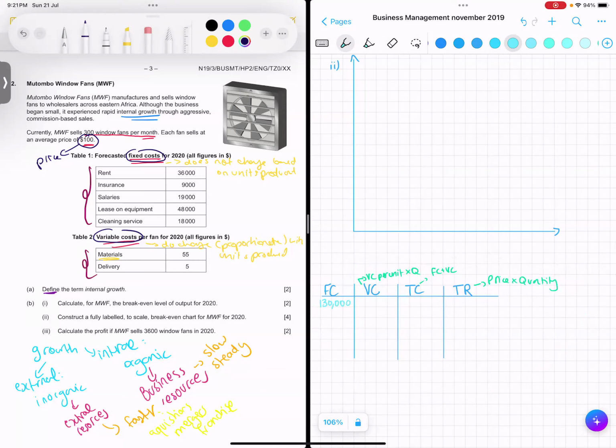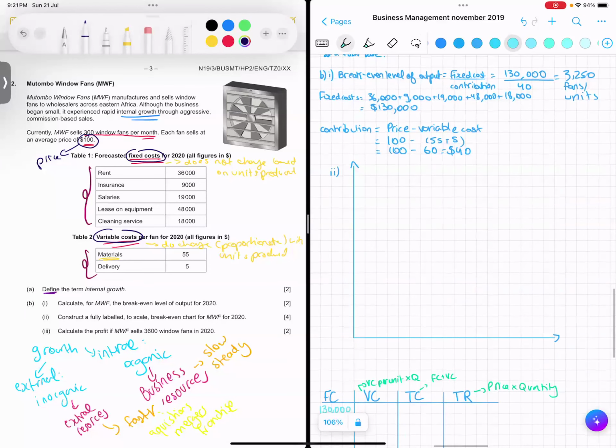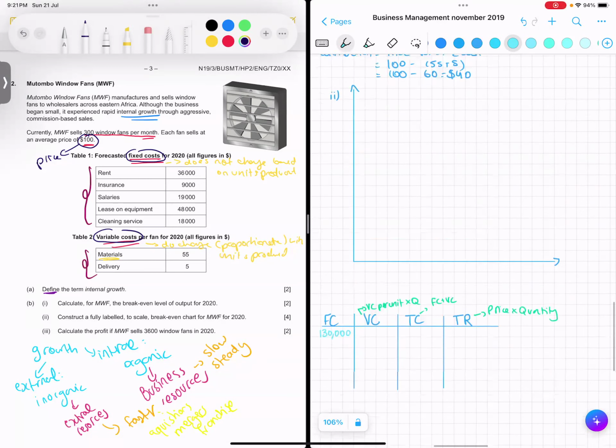You can show your working, but it's not really necessary. And you already calculated the break-even output, which is 3,250. So just keep that in mind. Now we're going to first put our X and Y axis. Our X axis is basically costs, revenues. I'm just gonna put revenues under.